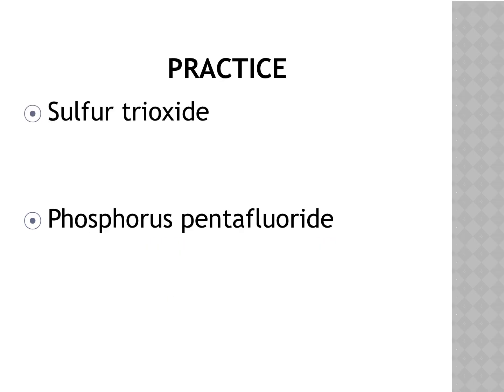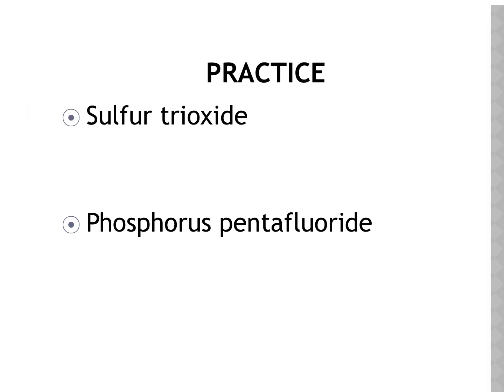We're just going to do 2 more practice problems. So here we have sulfur trioxide. What is sulfur? The symbol. S. Okay. If there's no prefix, what subscript is implied? Okay, so just S. And then what should trioxide look like? Good.